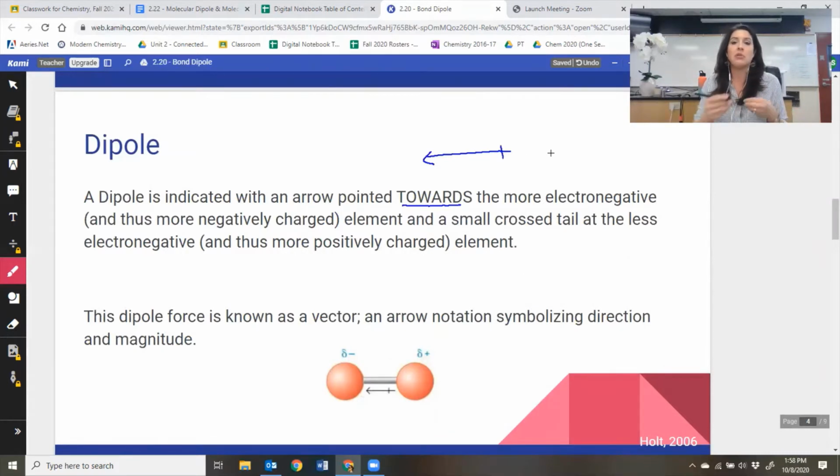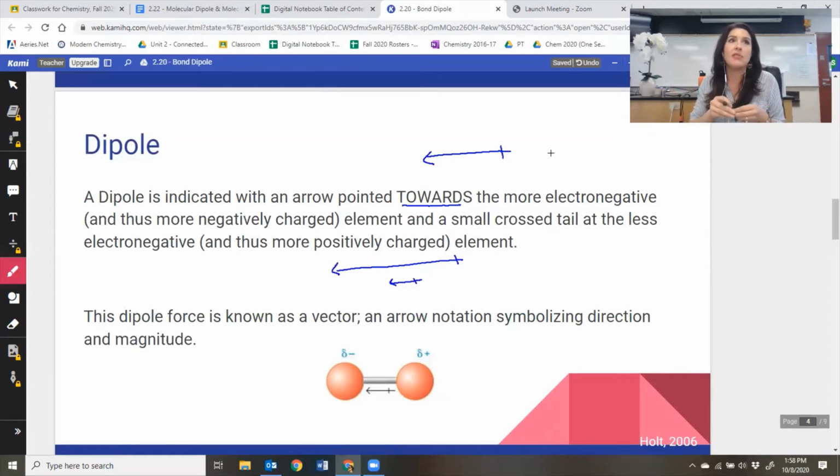These dipole forces drawn with arrows are an example of what we call vectors. Vectors are arrow notation that symbolize both the direction and magnitude, magnitude being how much. So small dipoles will be indicated with small arrows. Large dipoles will be indicated with large arrows. So magnitude is shown by making an arrow longer or shorter.